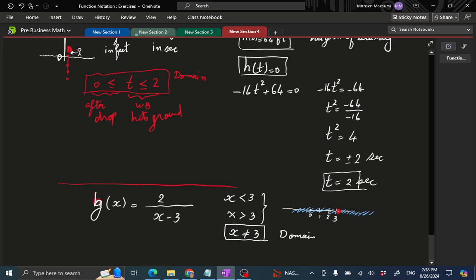And then they say, okay, in interval notation, from minus infinity to 3 you can be there, or from 3 to infinity you can be there too. That's called interval notation.